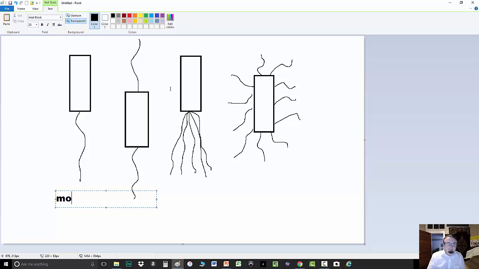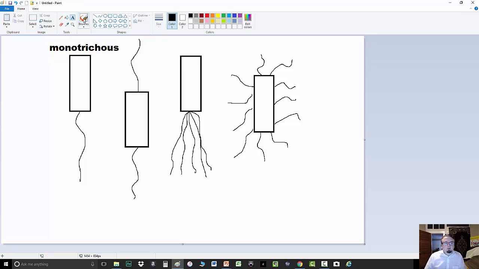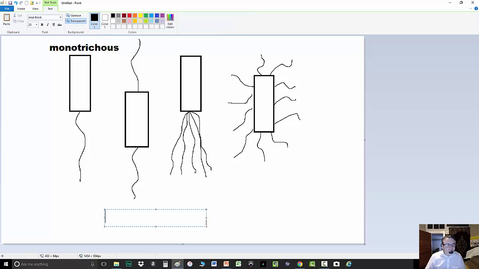So this first one here is called monotrichous. That's what we would call this type of flagella arrangement, monotrichous. Mono, the first part means one, everyone knows that, and then trichous is in reference to tail. Once again, I believe these are sort of Latin or Greek derivatives.